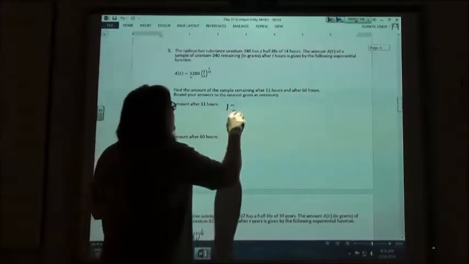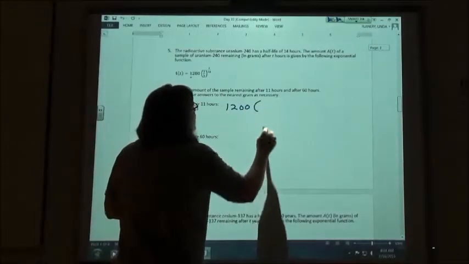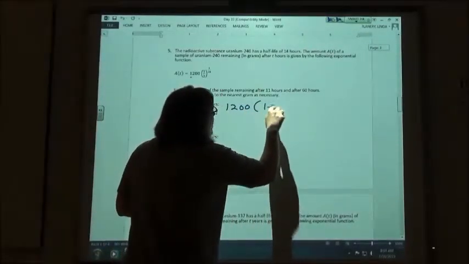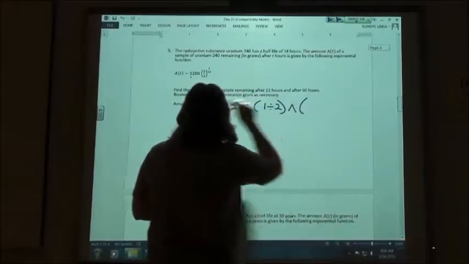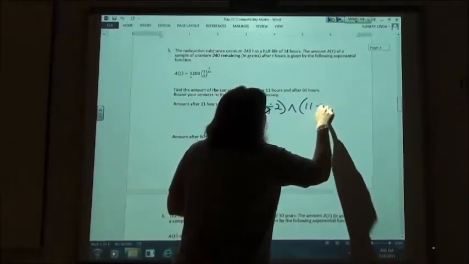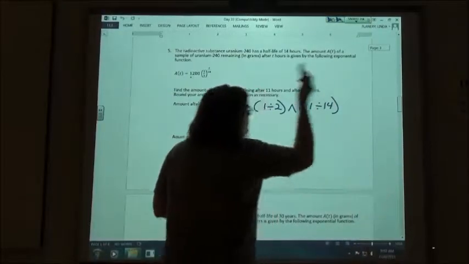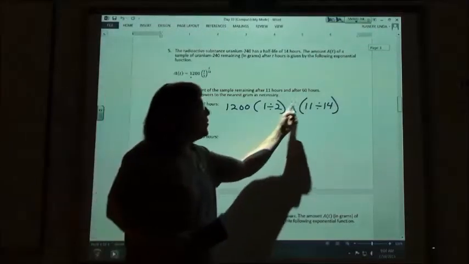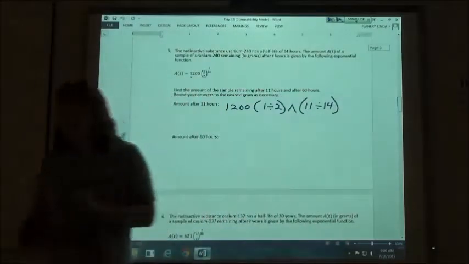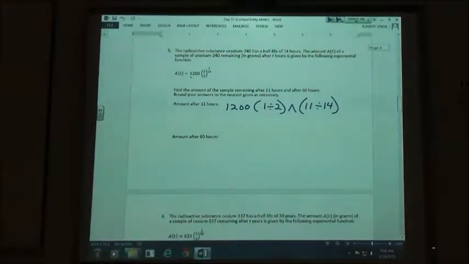So you're going to put the 1,200, parentheses 1/2 or 1 divided by 2, caret, and then the T is 11 hours, so 11 divided by 14, or you could use the fraction button, either way. But you need that extra set of parentheses because otherwise it'd do the exponent before it did dividing, and so we have to make sure it does the dividing first.